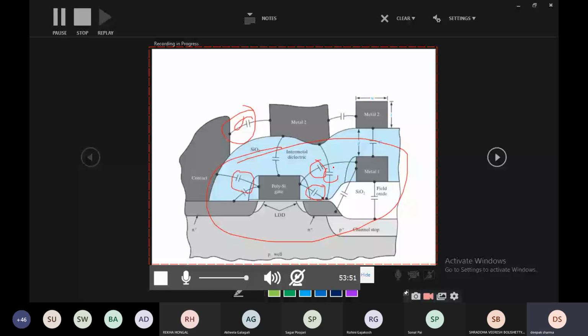Then between the channel and the metal, again we have capacitance. So everywhere this parasitic capacitance exists, and it is unavoidable. It may be unwanted, but we cannot avoid it. We have not inserted any capacitor; it is present in the material only, it comes in the fabrication step only. So it can't be avoided.